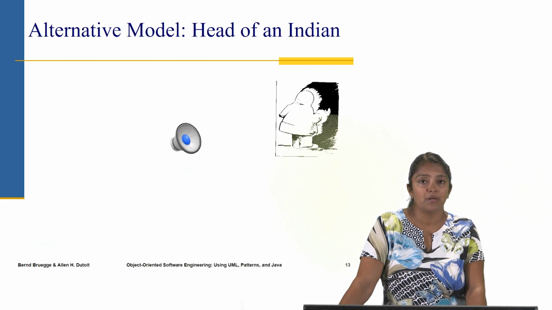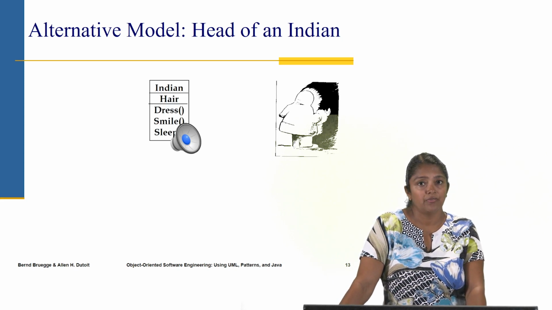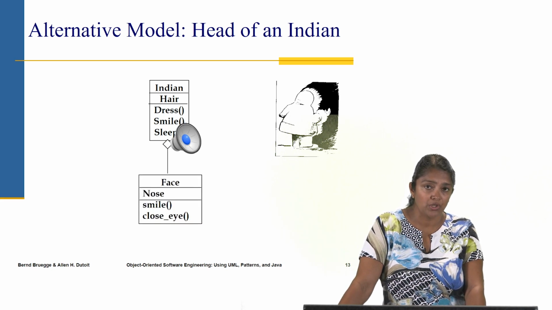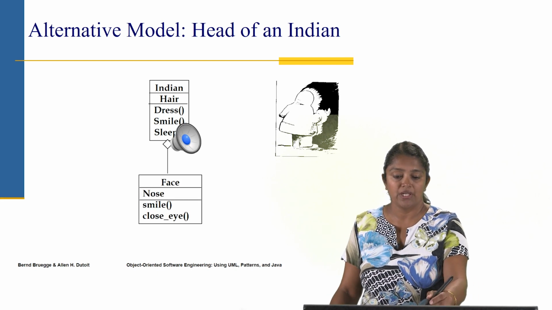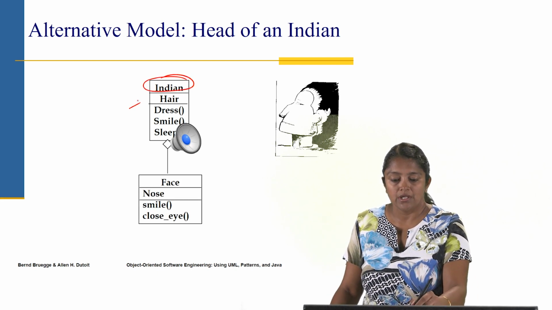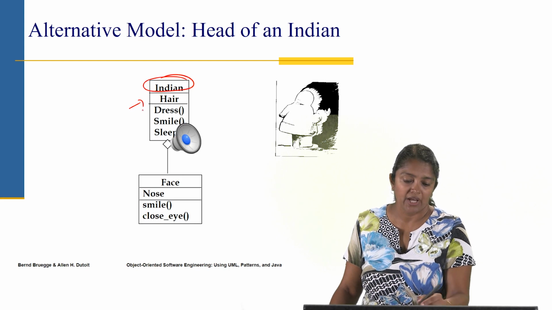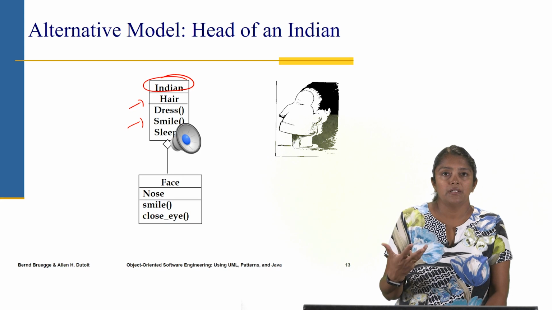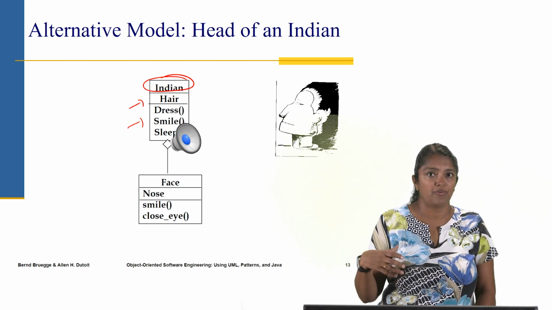So again, it's very important that we make sure and know what the client's expectation is. If this is the head of an Indian, then our classes would look different, our object model would look different. In this case, we would have a main class called Indian with properties, hair, and then behavior, dress, smile, and sleep. The Indian's head is made up of a face.